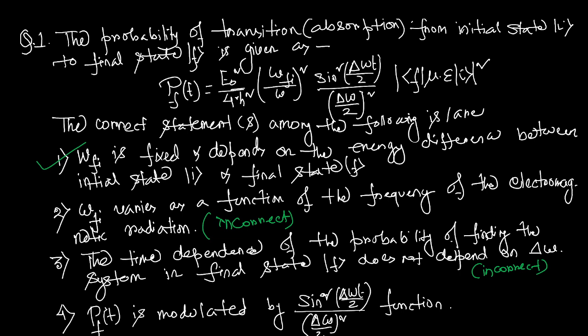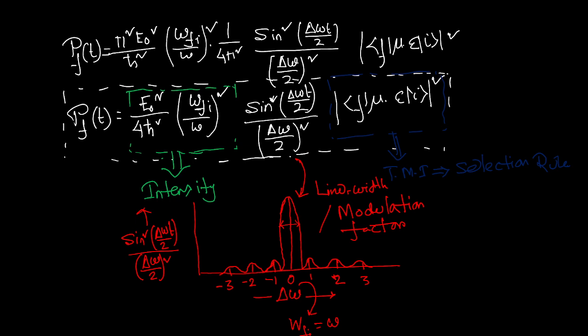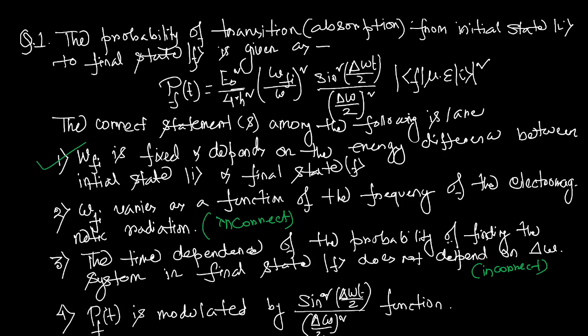Now, as I mentioned previously, from this plot you can say that the PFI is modulated by this sin square of omega t by 2, by delta omega t by 2 whole square. So this is a modulating factor. Okay, so for question 1, these two are the correct options.